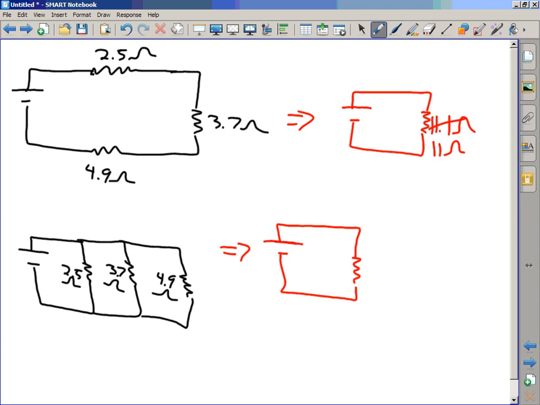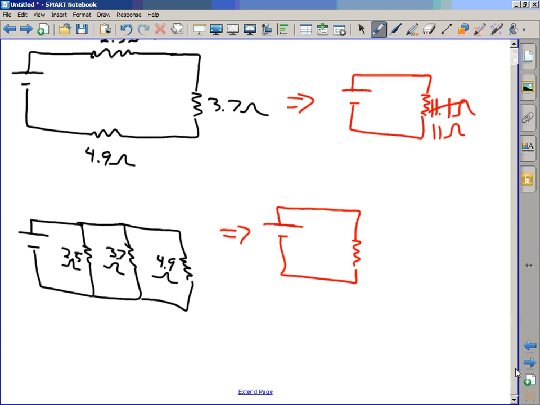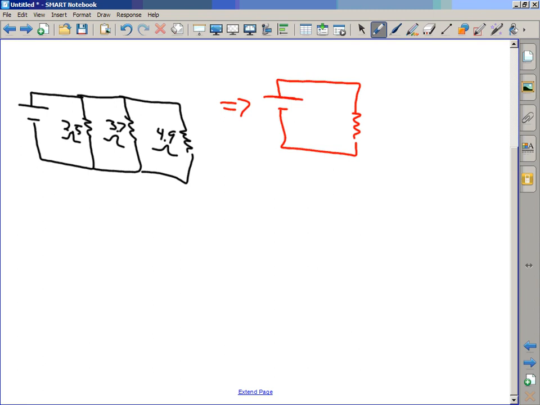Now this one down here, just a common mistake ends up being made. So let's go over this. This is 1 over R EQ, equivalent resistance, or RT, total resistance, or whatever else you want to call it, indicating all the resistances added together. Right, gentlemen?